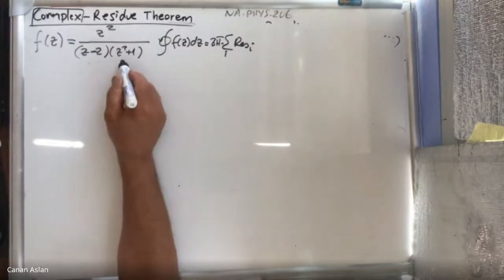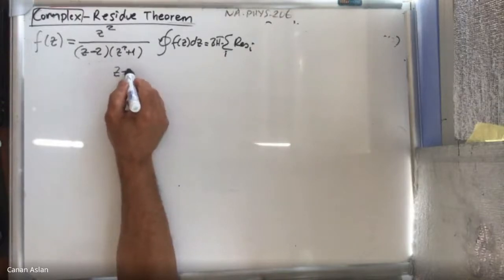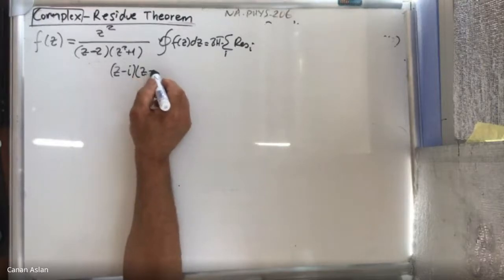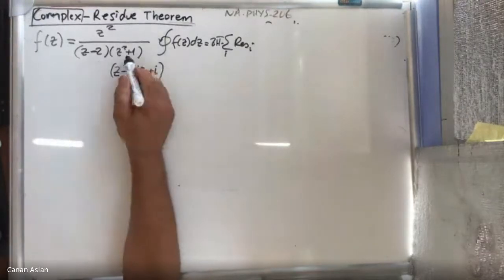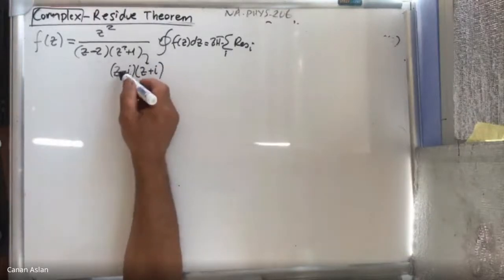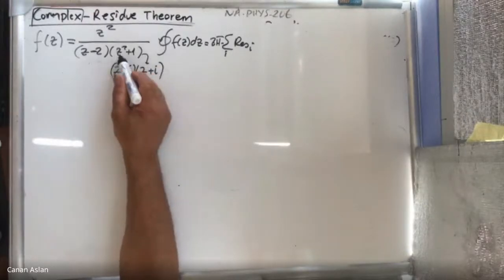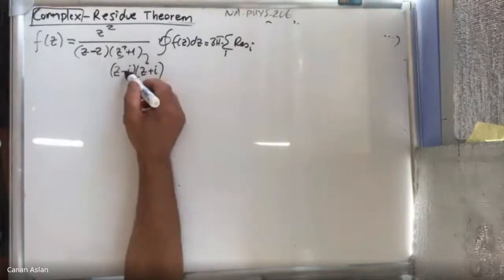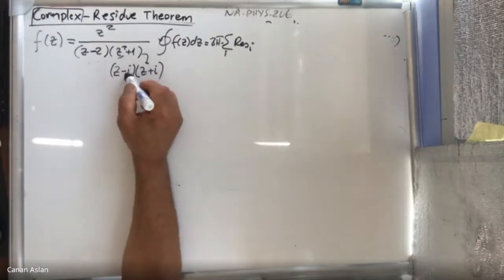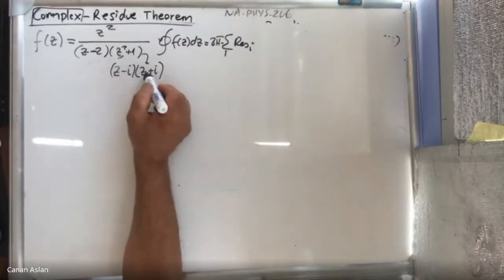Why? Because z² + 1 can be written as (z - i)(z + i). As you see, z² is the first term, and the last term is -i times i, which is -i², and i² is -1, so it's +1. The intermediate terms just cancel each other.